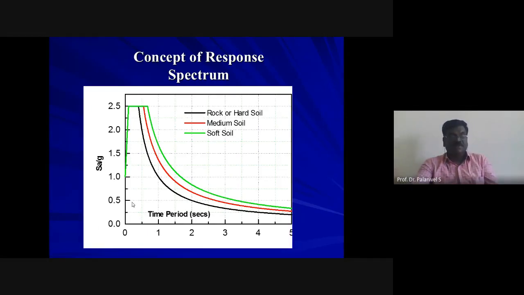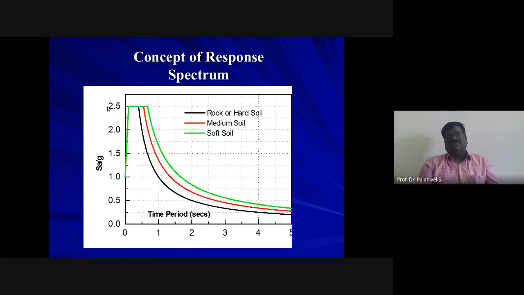But medium-rise multi-story buildings have time periods well within 0.1 seconds to 1 second. So they attract more severe forces because the Sa/g value comes to 2.5; that is, Sa is 2.5 g.